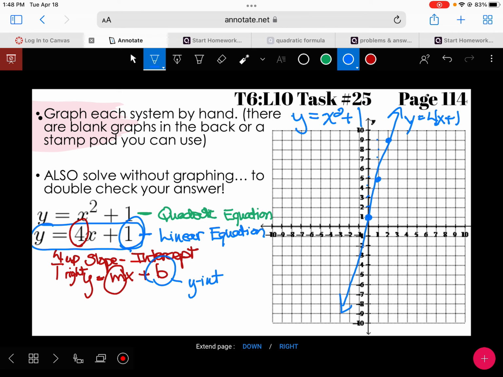I'm going to change mine. Y equals x squared plus 1. Okay, so now we're going to graph our parabola on the same graph.